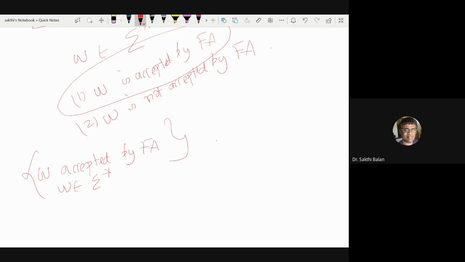And that is called the language accepted by the finite automata FA. So you collect all the strings which are accepted by the finite automata by the previous method that we had seen, right? And you call that set of strings accepted by the finite automata as the language accepted by the finite automata.